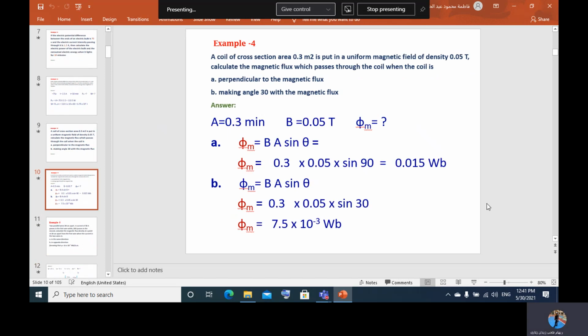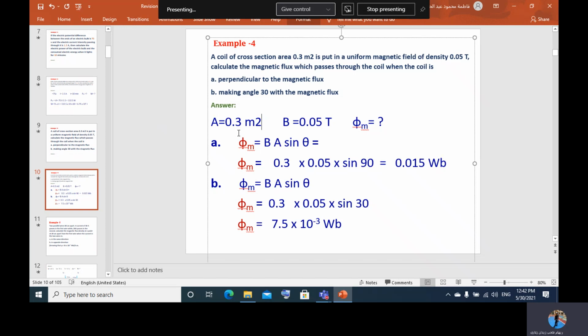So here I have 0.3 meter squared. And I have the magnetic flux density, which is 0.05 Tesla, and he wants the magnetic flux phi sub m.